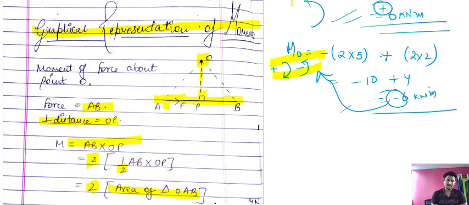So the moment of a force about a point can be defined as twice the area of a triangle, with the axis of rotation as the vertex of the triangle and the line representing the force as the base of that triangle. Okay, so this is all about the moment of force.